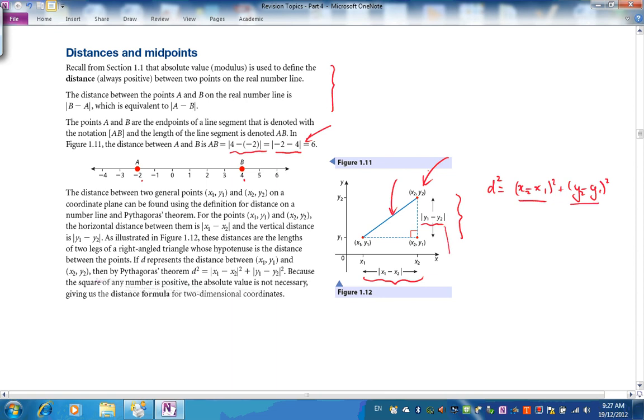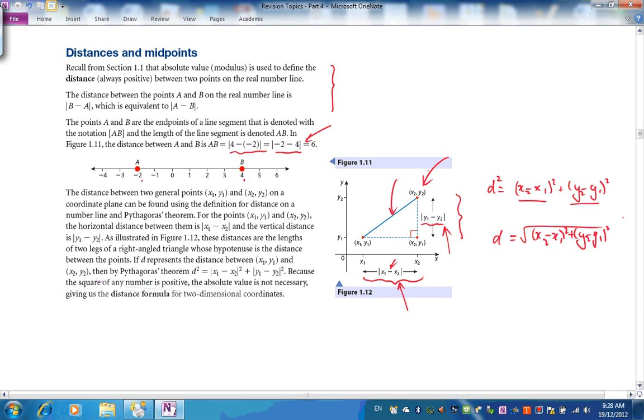Here we're saying you just want the length of it. It doesn't matter whether it's positive or negative, because with the modulus sign you're going to make it positive. Doesn't matter whether the difference in here is positive or negative, you're going to make it a positive number, and then you're going to square it. So the distance is actually the square root of x2 take x1 squared plus y2 take y1 squared, just by Pythagoras.